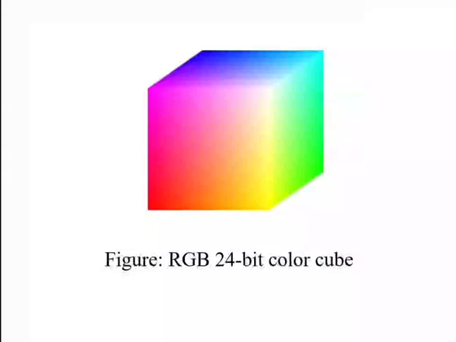The convenient way to view these colors is to generate color planes, that is, faces or cross sections of the cube. This is accomplished simply by fixing one of the three colors and allowing the other two to vary.